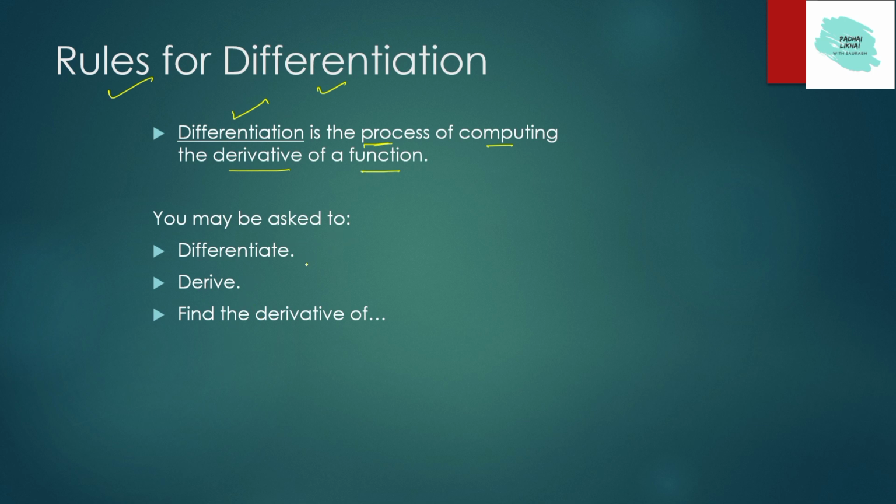It can be asked to differentiate a function like y equals f of x, find the first derivative, that will be f prime x, find the second derivative, f double prime x, and so on.